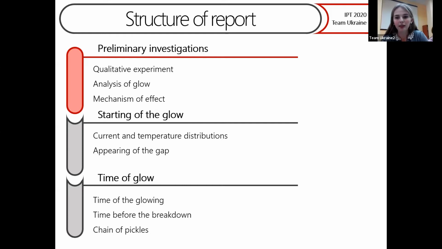Also, we need to solve the heat and electrical problem for the distribution of heat and current, taking into account the appearance of the gap near the electrode. After that, we will consider the dependence of the time before the breakdown and the time of the glowing on different values of parameters of the system. And also we'll consider this effect in chains of pickles.